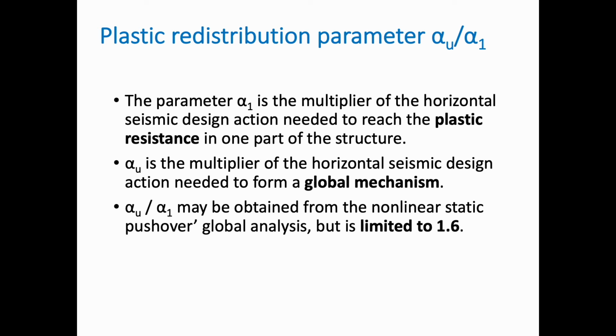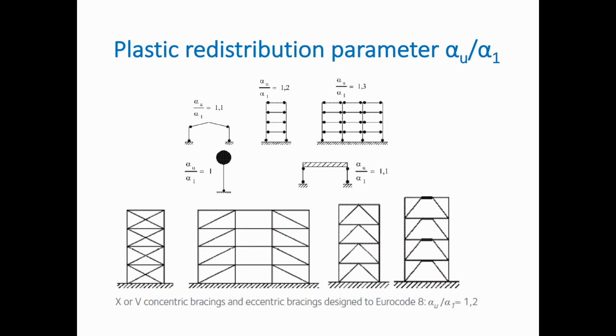So the ratio may be obtained from the nonlinear static pushover analysis, but is limited to 1.6. The values for the ratio are taken from Eurocode 8, and you can see here that for different types of structures, different typologies, we have different parameters. For instance, on the top left, we have a warehouse building, and that is 1.1.